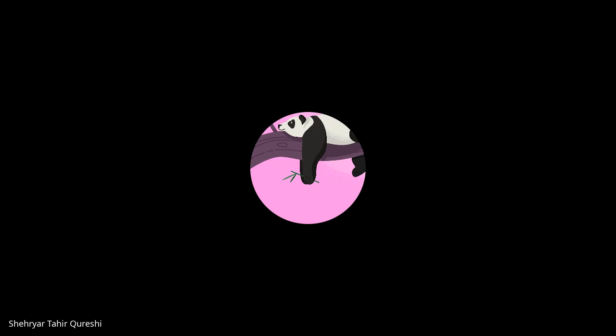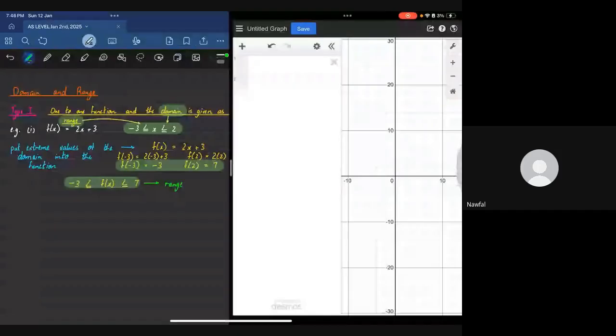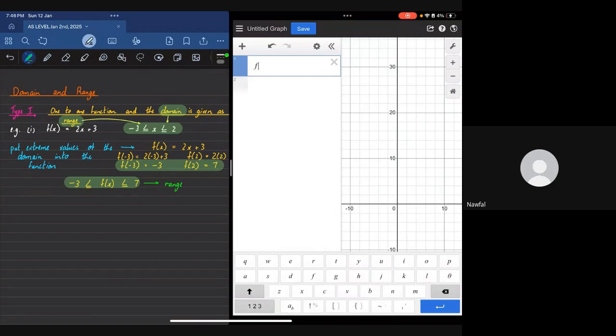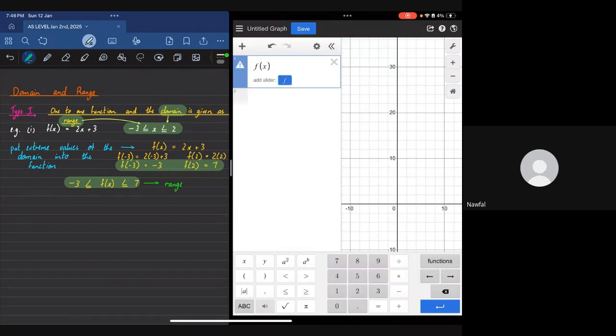So, for example, if I am given a question and let's just say that f of x is equal to 2x plus 3, right? That was my equation.